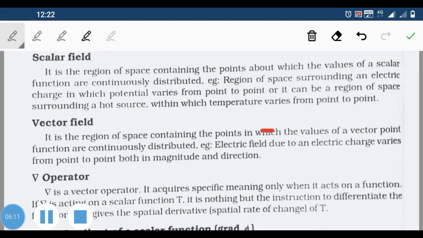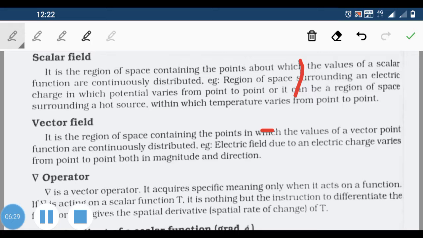So, an example for a scalar field is the potential around an electric charge.